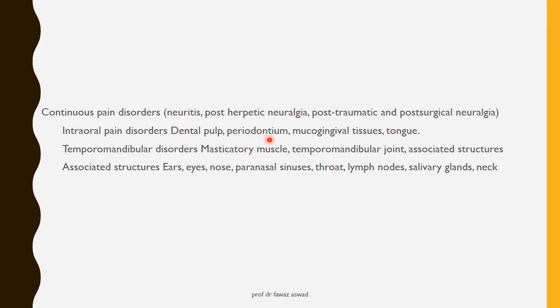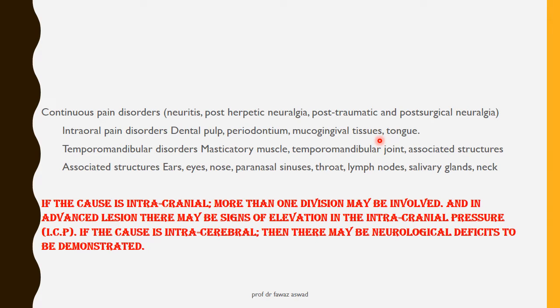Associated structures include, for example, the ear, the eye, the nose, the paranasal sinus, the throat, lymph nodes, and so on. So knowing the characteristic features of every type of pain is very important in order to make a diagnosis.